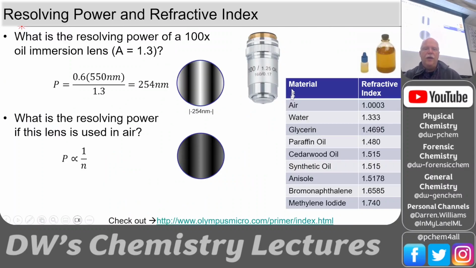So let's look at that. We have these different resolving powers. We want small resolving powers. We want to resolve the smallest features possible. So here I've got this lens with a numerical aperture of 1.3, and we have the middle of the visible range, if we're looking with our eyes or with a camera, 550 nanometers, and we can see that the resolving power might be 254 nanometers.